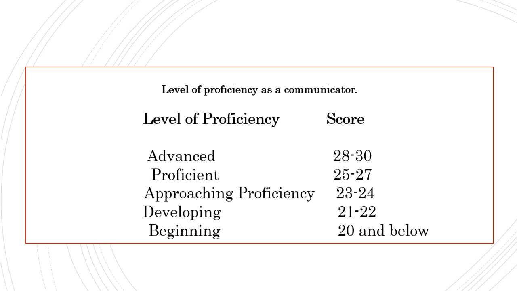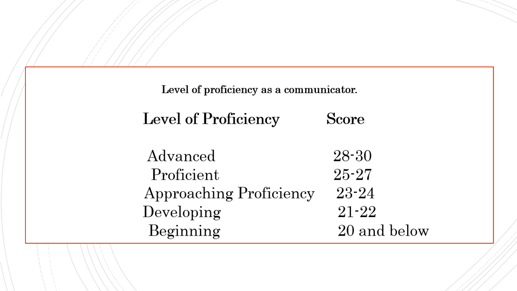So if your score is 28 to 30, then you are an advanced communicator. If your score is 25 to 27, then you are a proficient communicator. If your score is 23 to 24, you are approaching proficiency. If your score is 21 to 22, you are still developing your proficiency as a communicator.